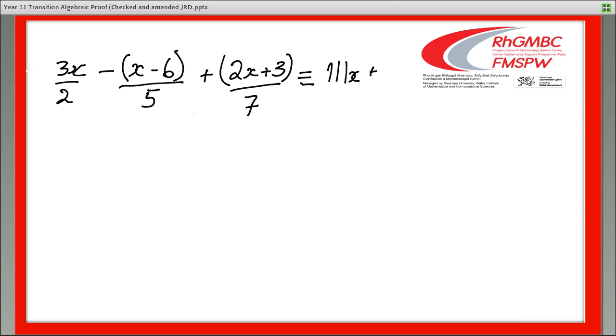And the 2x plus 3 is also in a bracket. And that is equivalent to 111x plus 114 all over 70.